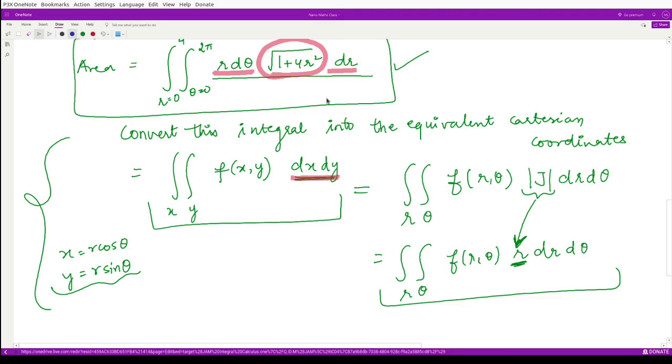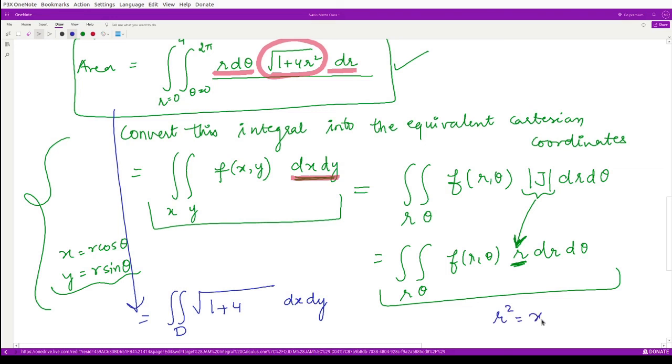So this area now becomes the area defined over the projection in x and y, and instead of r dr dθ we write dx dy. And instead of 1 + 4r², what is the value of r² in Cartesian coordinates? This is x² + y², so you can write √(1 + 4(x² + y²)) here. So this becomes your conversion in Cartesian coordinates.